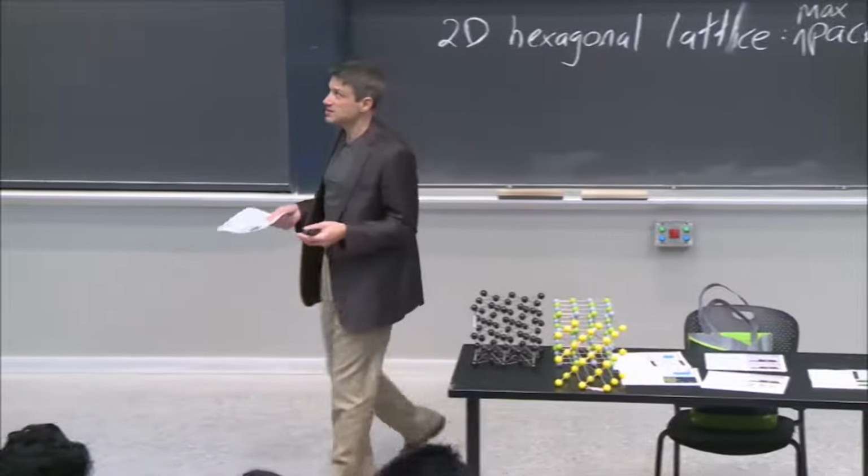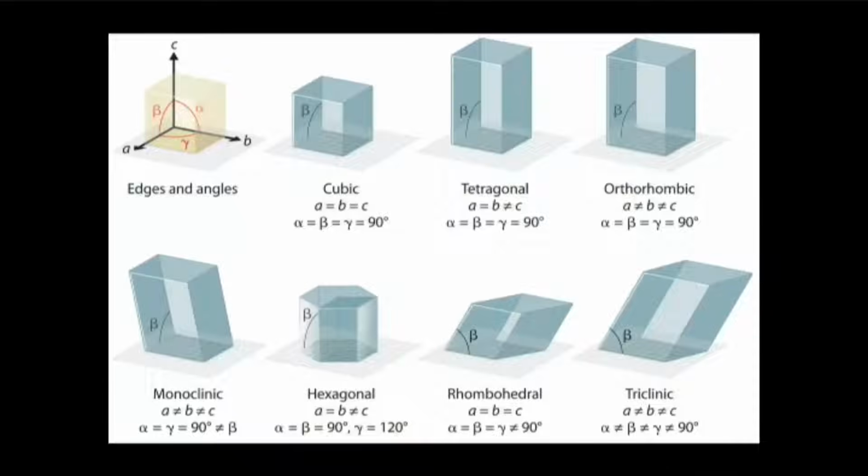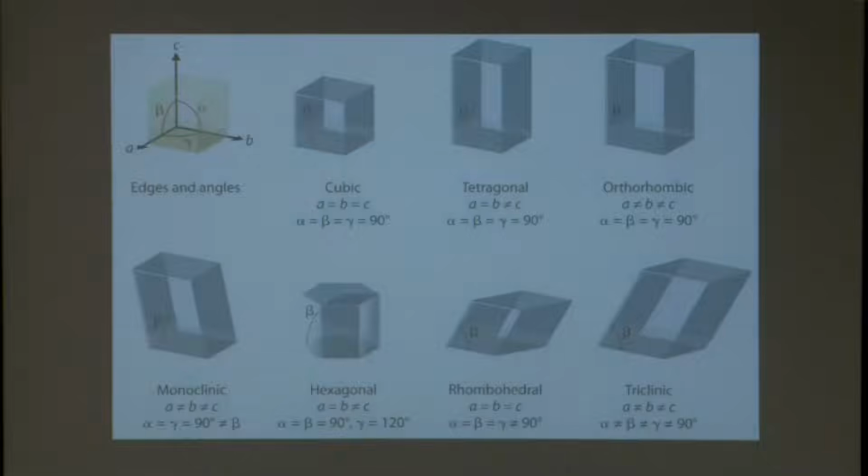There are only 7 ways that you can pack in and have no voids. What's changing here? Well, it's Cartesian coordinates, so you've got the length of each lattice vector and their relative angles. That's all you're changing.